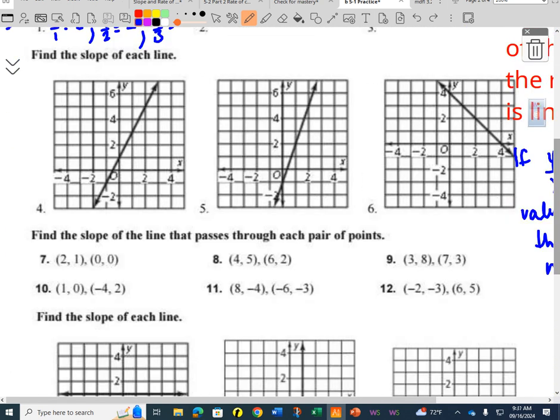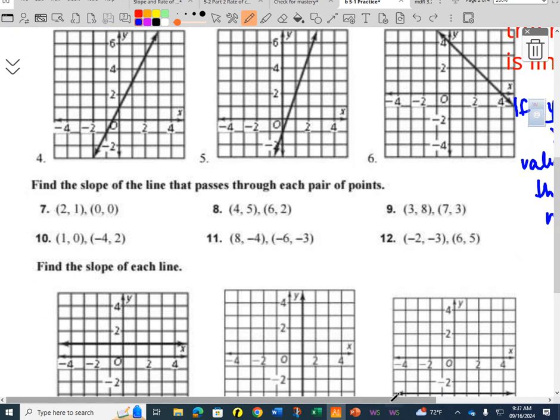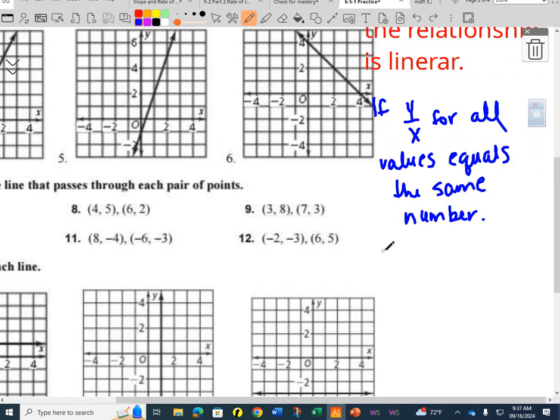That's how we should work, and we're going to describe it as the rate of change of 2. That means for every game played, their goals increase by 2.